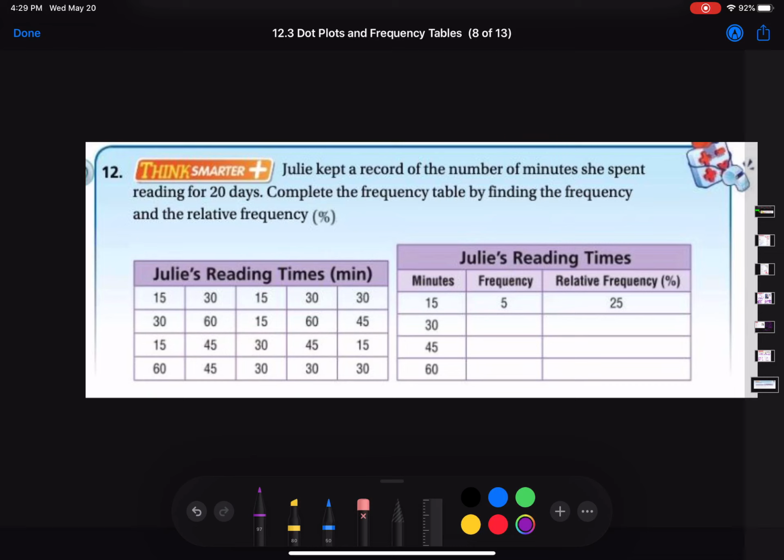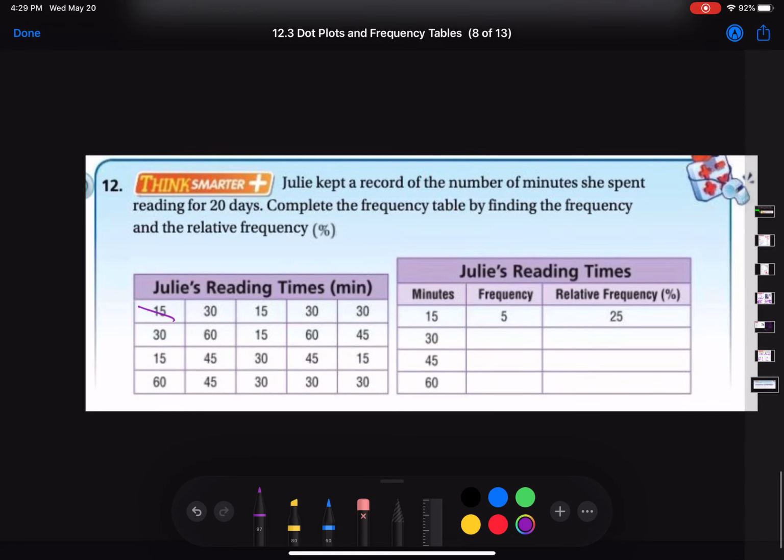Okay, one more. We need to go through and fill in the frequency table first. They already did 15. So anywhere that you see 15, we are going to cross off. We need to find 5 of them. Okay, so now we want to find 30. So we got 1, 2, 3, 4, 5, 6, 7, 8. So you can put an 8 there.